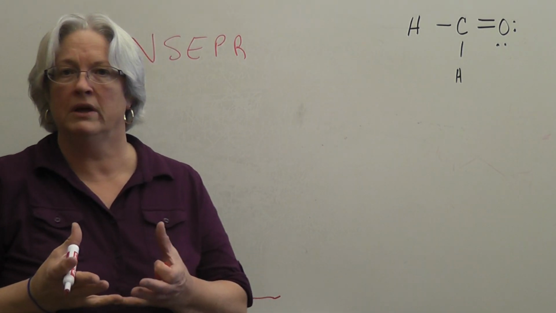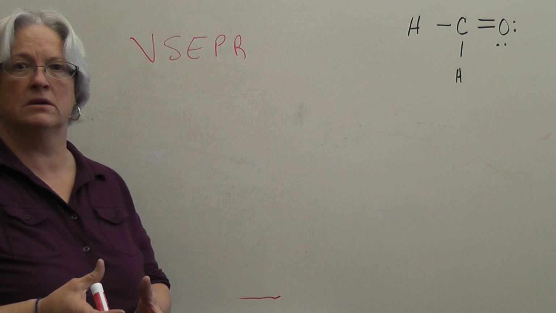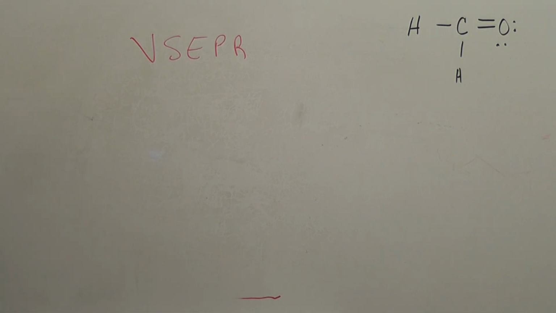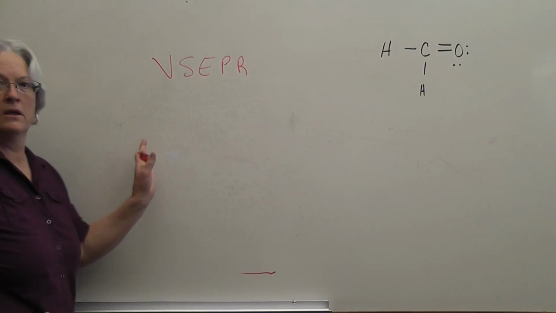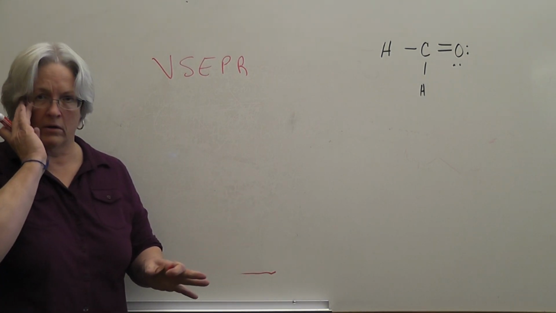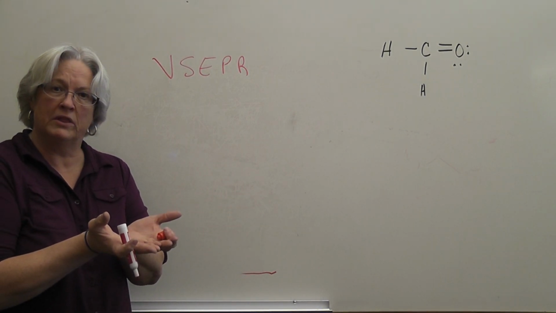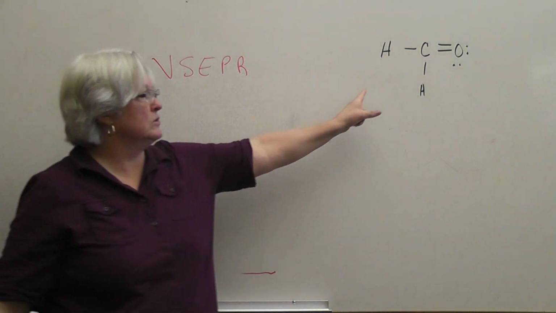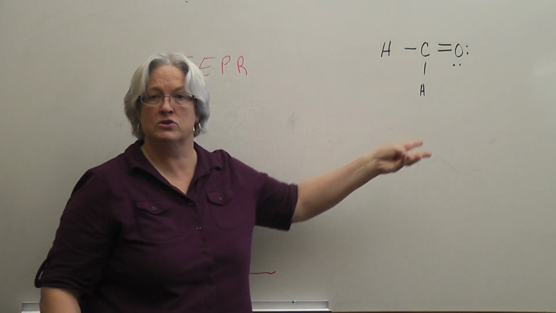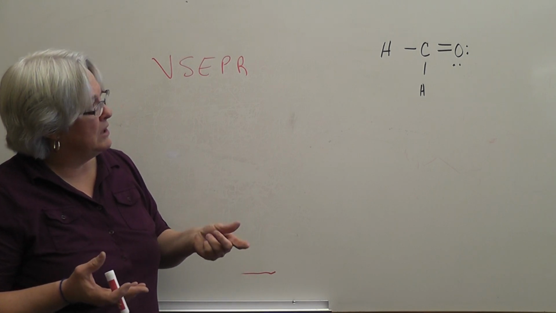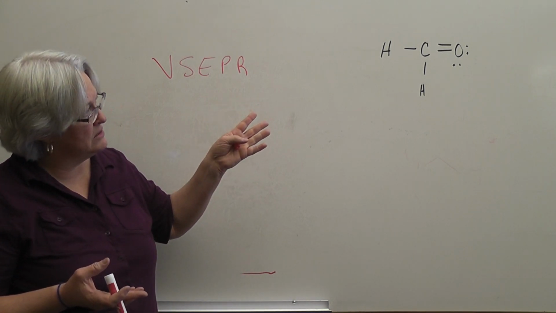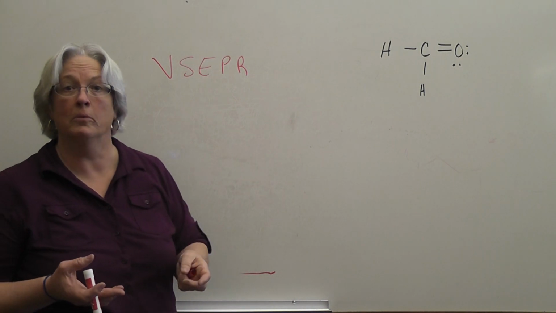What we've done before with Lewis structures, like this Lewis structure right here, is a picture of a molecule, CH2O.